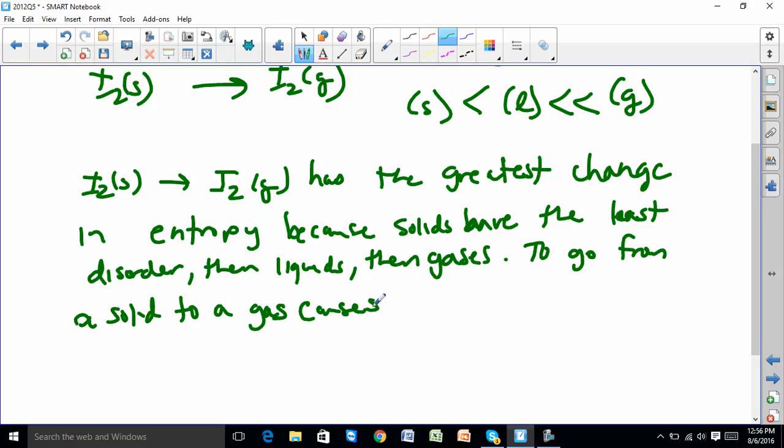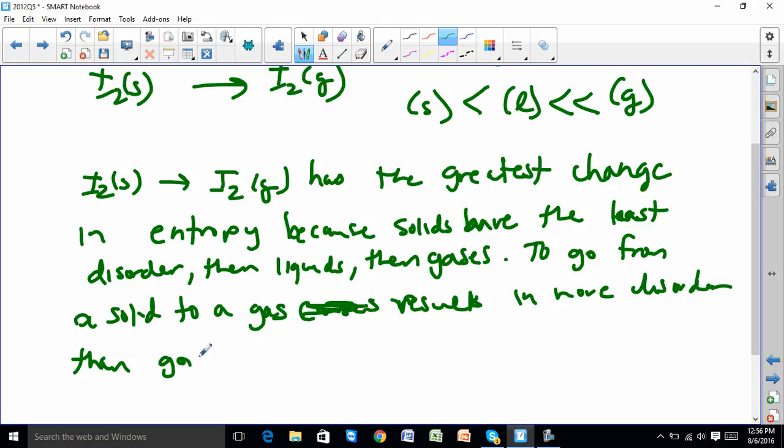Causes, maybe not causes, results in more disorder than going from a liquid to a gas. All right, something like that.